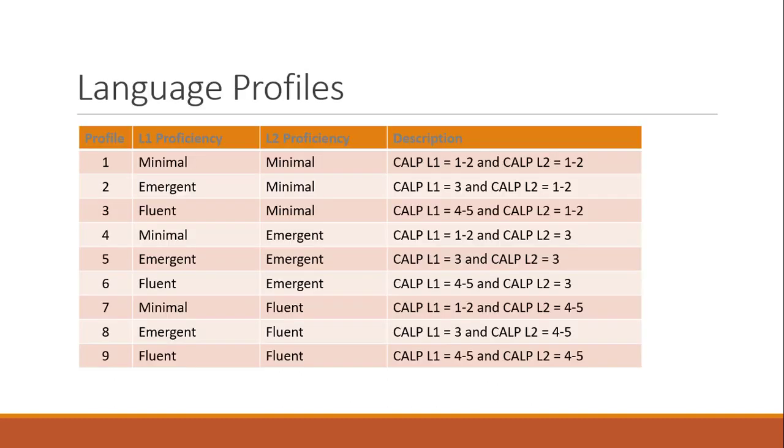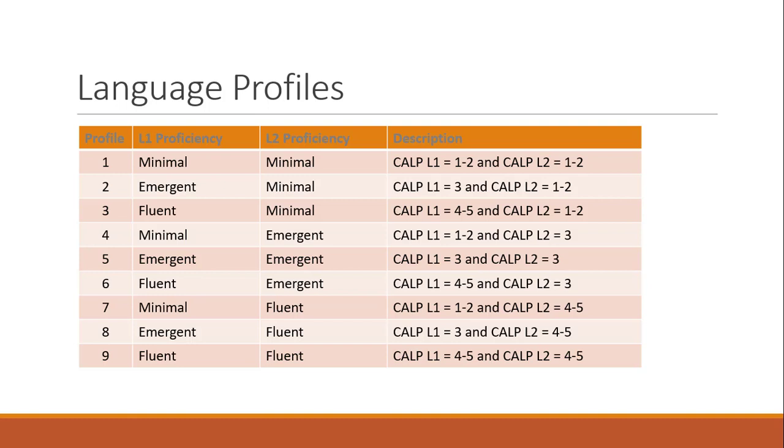The first thing with the MAMBI is that you develop language profiles. The first profile is that they are minimal in both languages. Basically, these kids are alingual, and that would be considered a profile of 1. A profile of 9 means that they're completely fluent in both languages. Both of these are fairly rare.